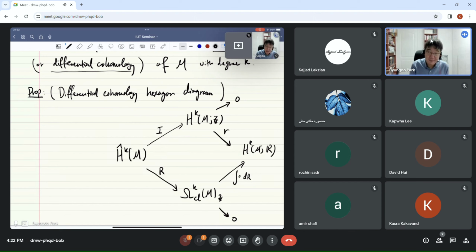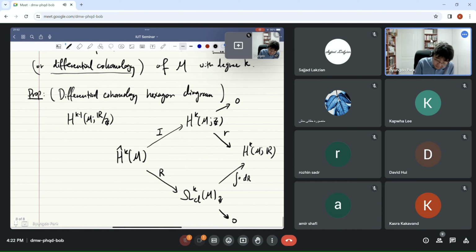And if you look at the kernel of the I map, sorry, let me first say the kernel of the R map. So then it becomes this cohomology with 1 degree less on M, but then your coefficients are sitting in R mod C. Then this is the kernel, so it's an injection.